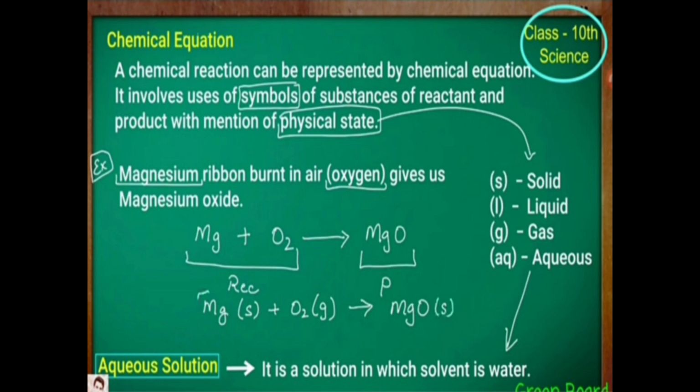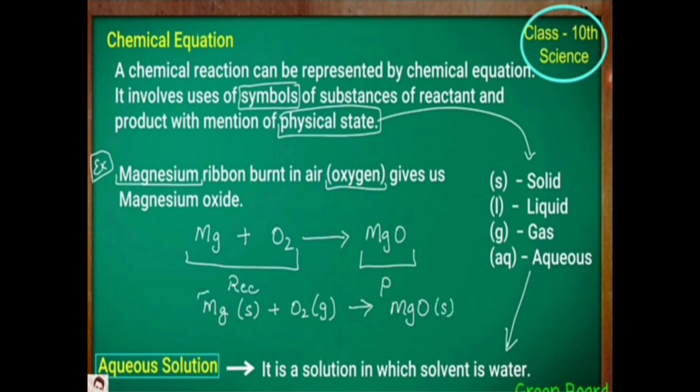Now let's study about chemical equation. Till now we studied about chemical reaction, that is what happens in a chemical reaction. In a chemical reaction one or more substances form new substances, and it can't be reversed by physical methods, and it involves change in state, change in color, change in temperature and the evolution of gas.